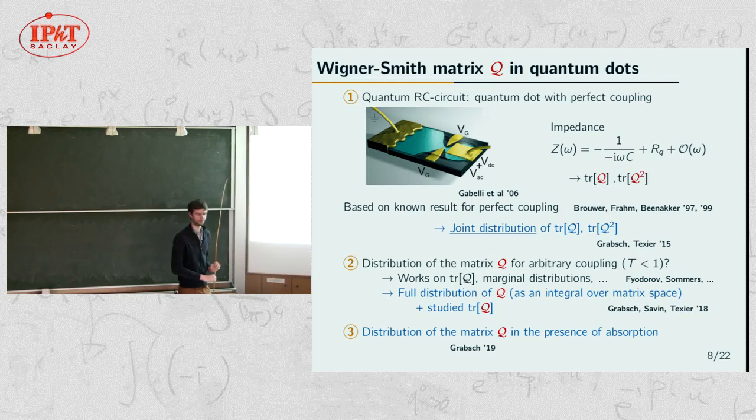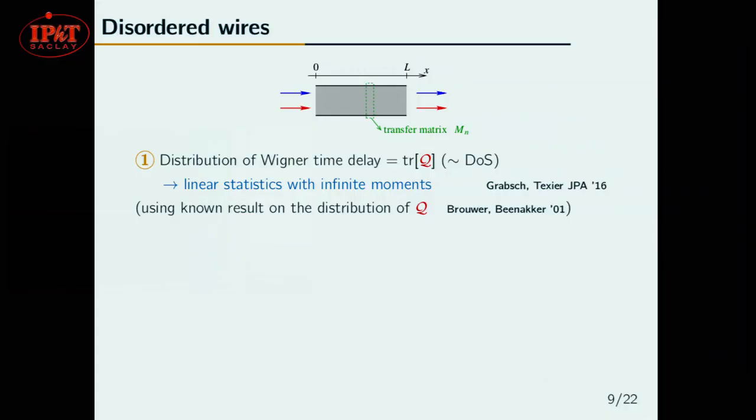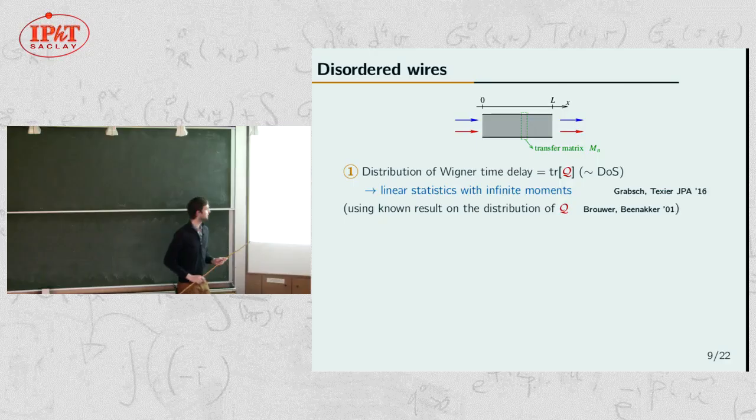Okay. So that's the first part on quantum scattering, and as you can see, I've studied a lot this observable, the trace of Q. Also here I started to do some work, and it appears also in a different context in disordered wires. And in this case, the trace of the Wigner-Smith matrix is related to the density of states of the wire. So you can understand why it's an important quantity.